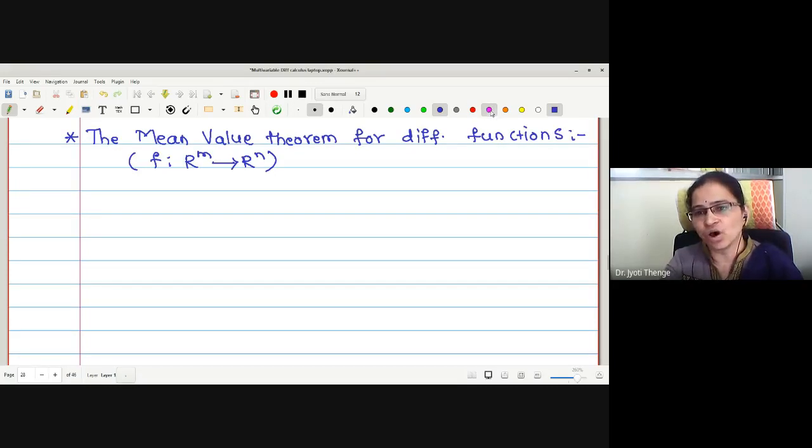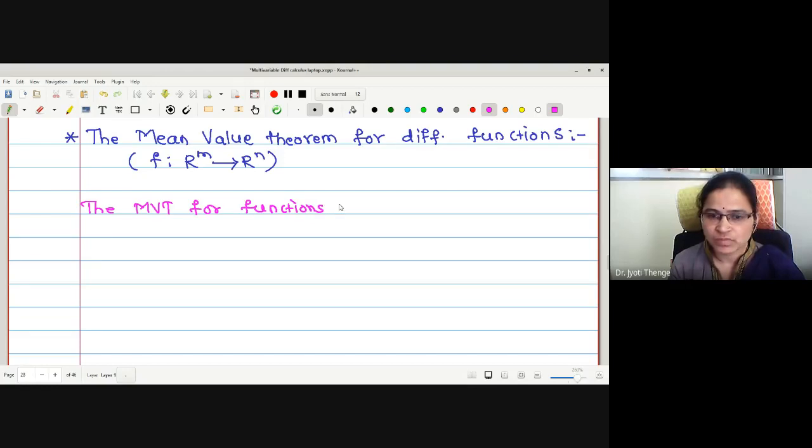We will just recall what is the mean value theorem for the functions of one variable real value type. Yes, can anyone tell me the mean value theorem for functions of R to R type?